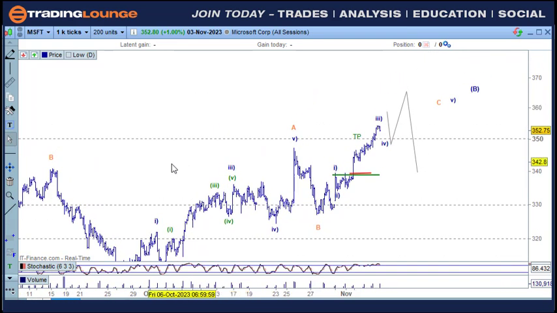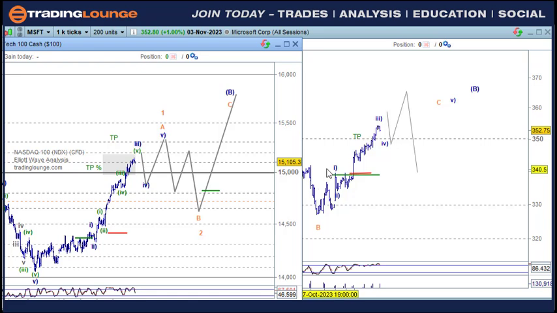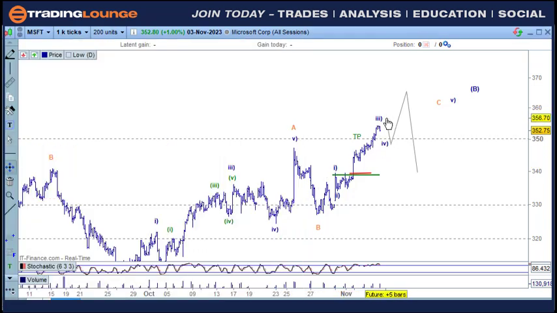It's sort of out of the vibration of the other markets, but on an intraday basis, it still should follow this here. So we should see some sort of top in here, and then we should be seeing some sort of ABC pattern here, and then a move up again at that point.